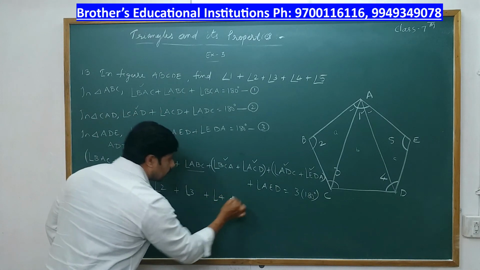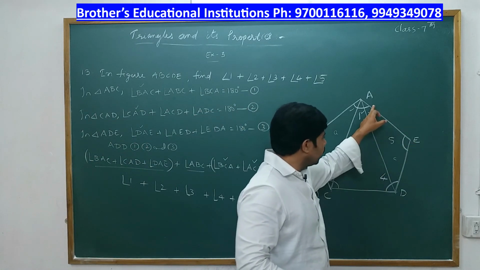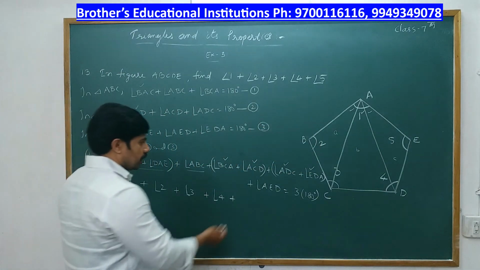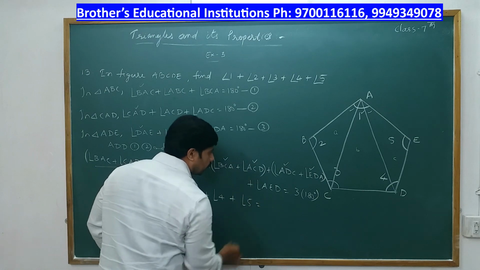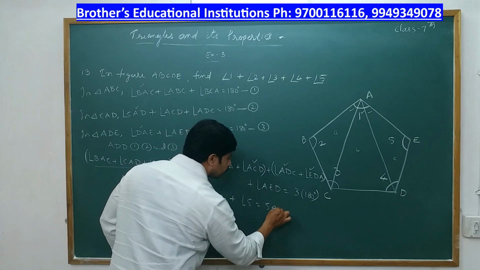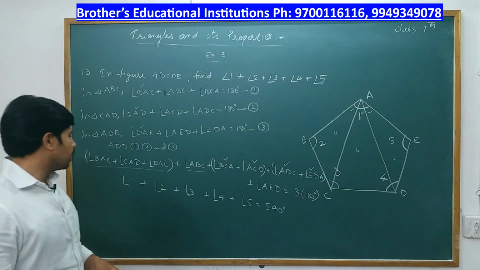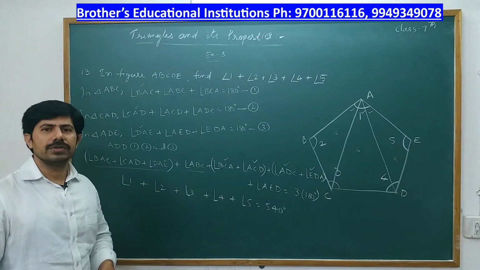The last one is angle 5. Angle 5 is nothing but E. It is angle AED, or angle DAE, it is the same. So directly you write angle 5 is equal to 180 into 3, which will become 540 degrees. Okay. So what is the sum of the angles in a pentagon? It is 540 degrees, right? So this is completed.